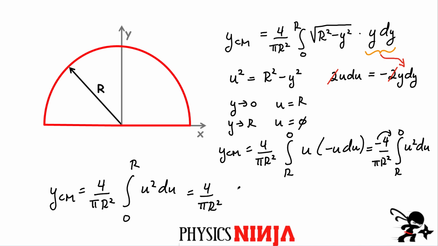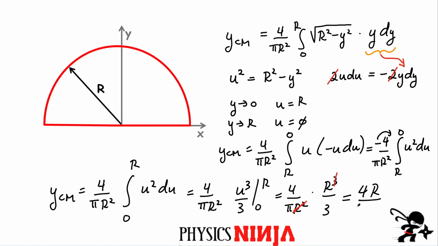This guy here is simply u cubed divided by 3 and evaluated between both of those limits over here. So you get 4 pi r squared multiplied by r cubed over 3. I can cancel out 2 of those. That eliminates this term. And we're left with the same answer now.